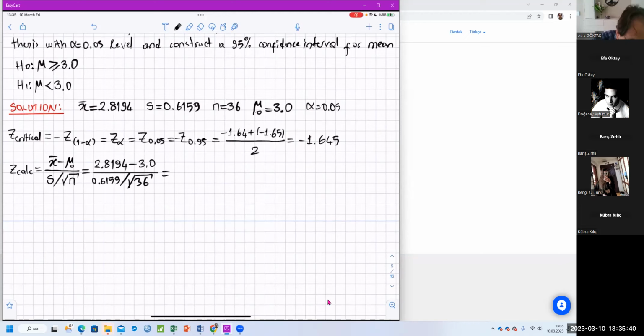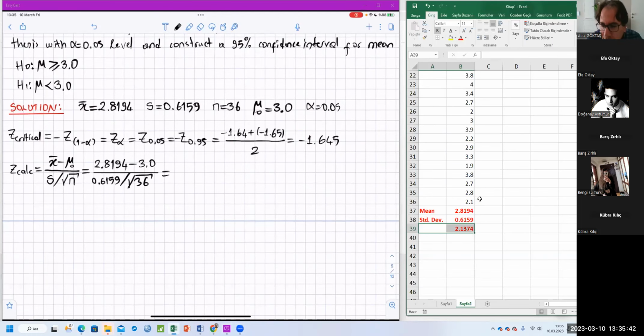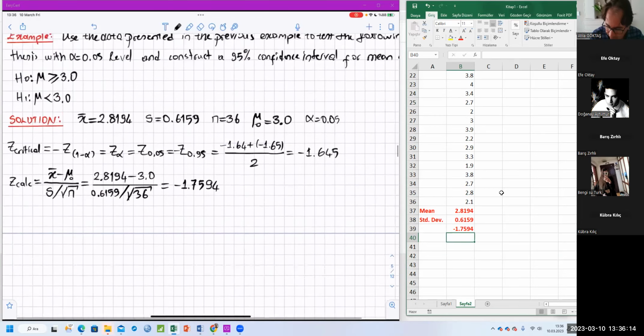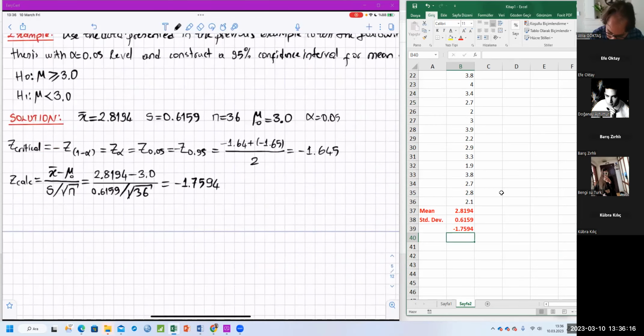I can use Excel, and here I'll modify. I will not subtract 2.6, I'm going to subtract 3. Okay, the result is minus 1.7594. That's the calculated statistic, and we know the critical value.